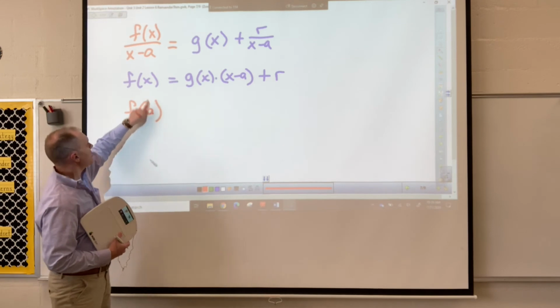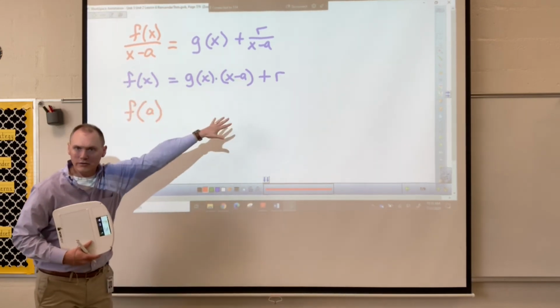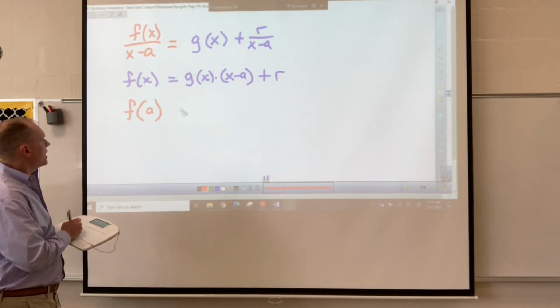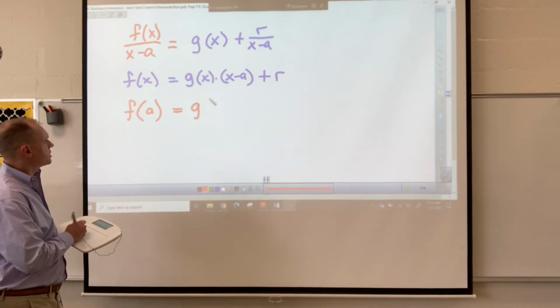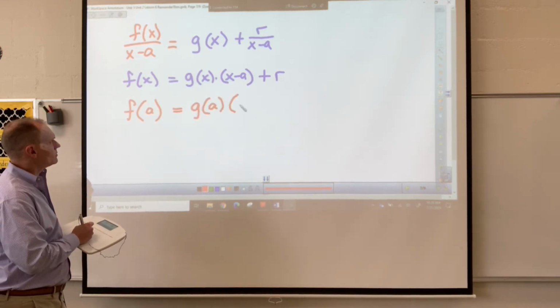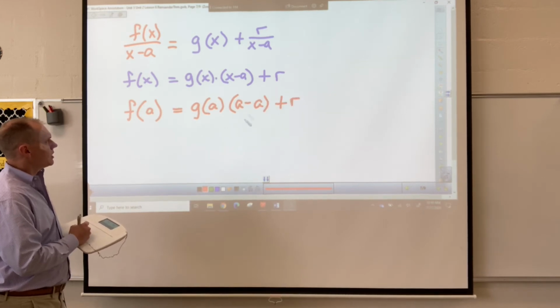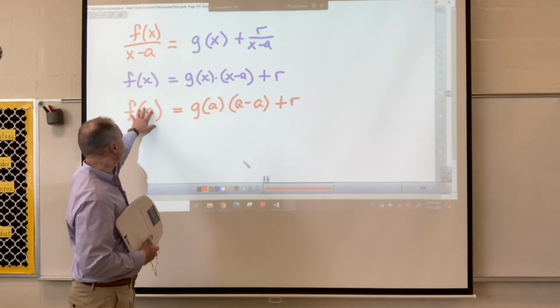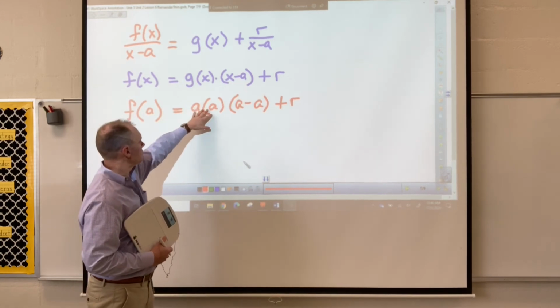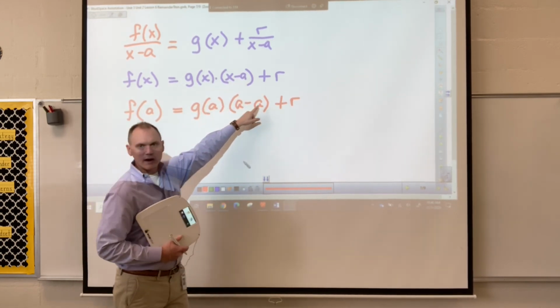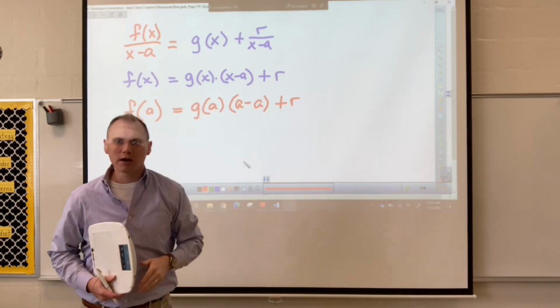If we substitute a in on this side, we also need to put a in on the right side. If we put a in for all the x values over here, we get g of a times a minus a, plus r. Well, f of a equals g of a times, what's a minus a? It should be 0, right?